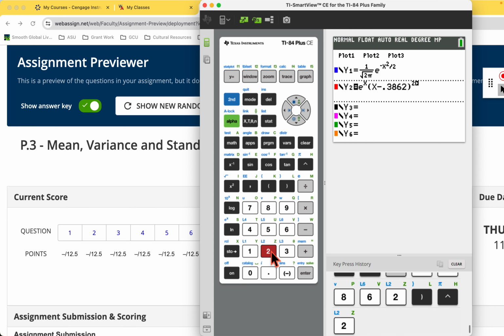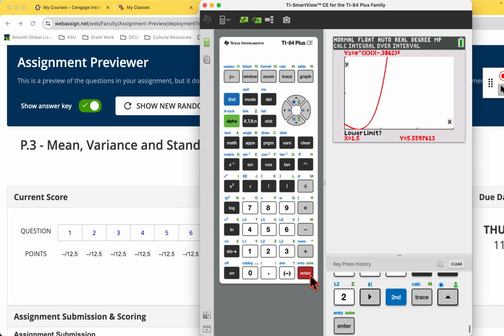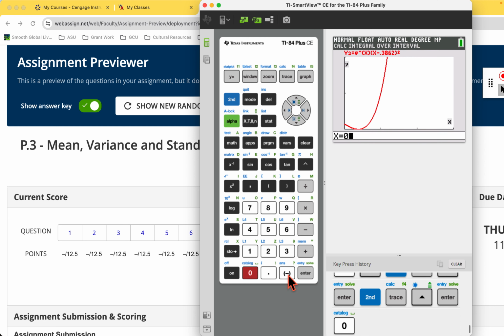Remember to square it. That's all we have to do. We go again and find the integral. The cool part is that once we find a good window on the first one, it works pretty much for all of these. Now notice the function is different. It's not the probability distribution, and it's not what we saw when we did the mean, because we're multiplying by x minus that. But this will give us the variance. And again, we do the same thing: second calc, integral, and we take the integral from 0 to natural log of 2.